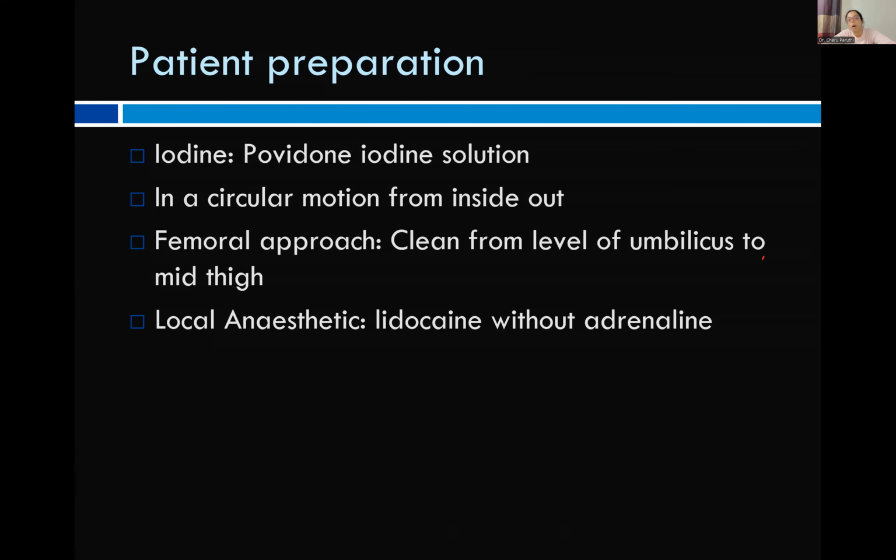So if it's the common femoral vein, then the area around the site of entry has to be cleaned. For this, we clean the area from the level of umbilicus till the mid-thigh. And for a radial access, the area from mid-palm to mid-forearm is cleaned. And then thereafter, local anesthetic agent is given, which is lidocaine without adrenaline. It's without adrenaline because we don't want the vessels to undergo spasm. And that's why adrenaline is not used.